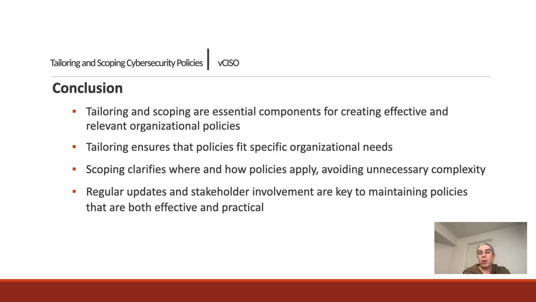Tailoring ensures that policy fits specific organizational needs. Scoping clarifies where and how policies apply, avoiding unnecessary complexity. Regular updates and stakeholder involvement are key to maintaining policies that are both effective and practical.